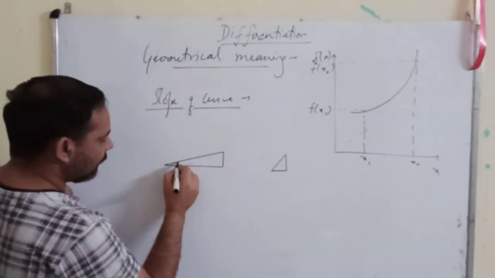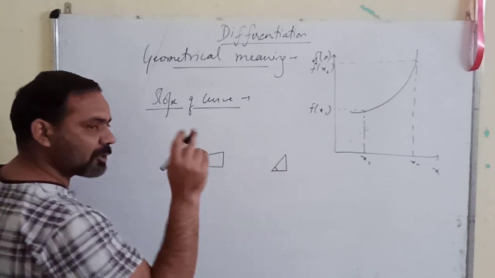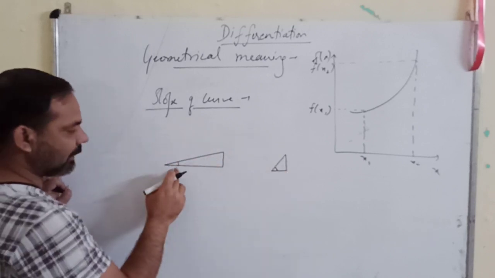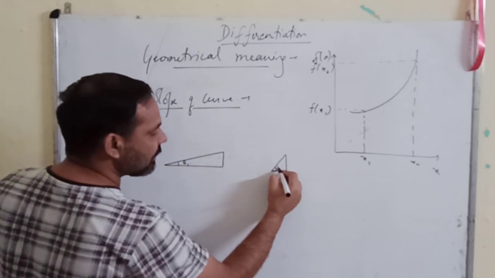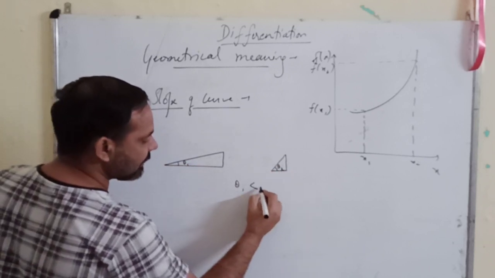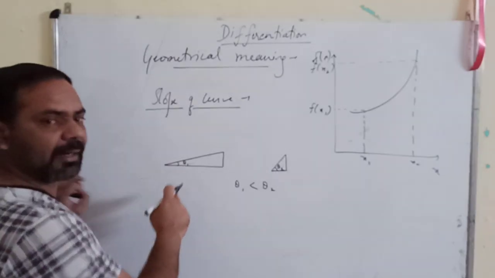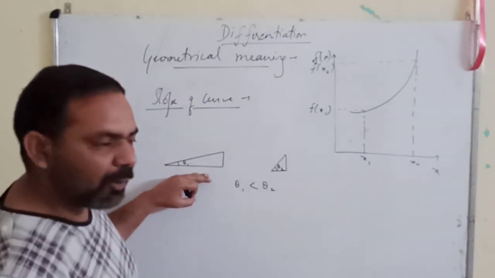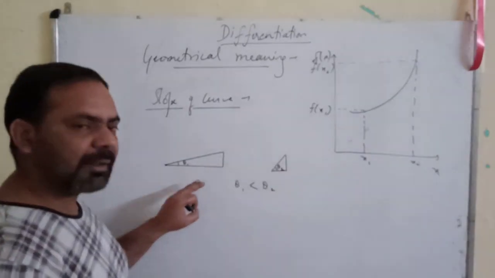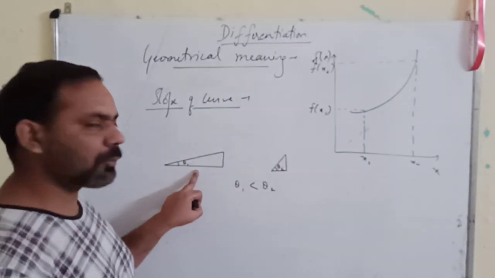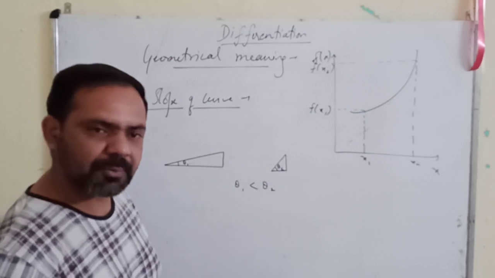Slope is related to an angle like this one. Now, if this angle theta 1 is less than theta 2, then you will say that the slope is small here and the slope is high there. Theta 1 is less than theta 2, so the slope of the first figure is less than the slope of the second figure.